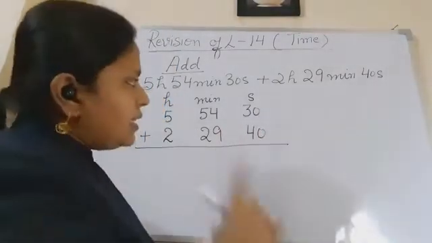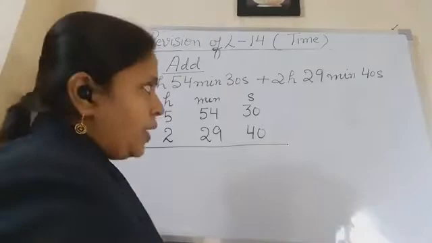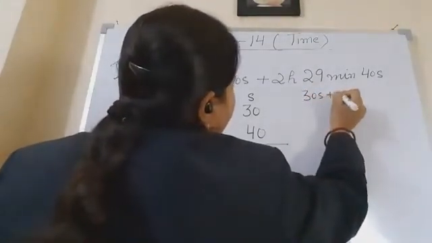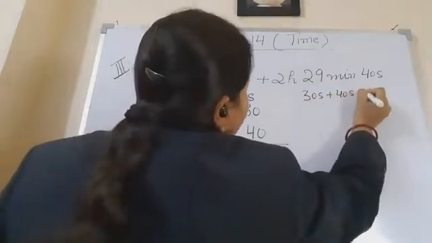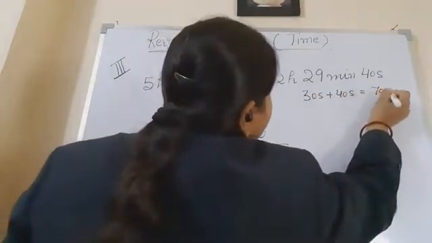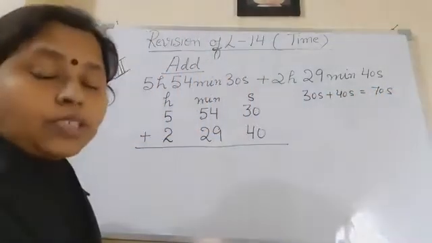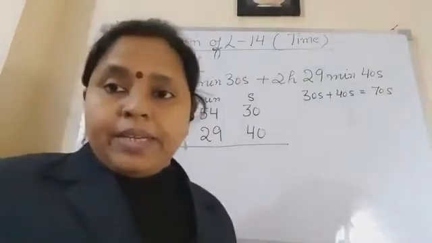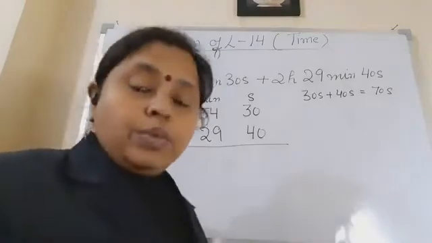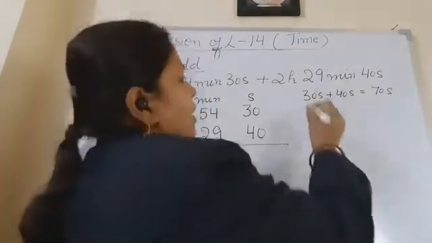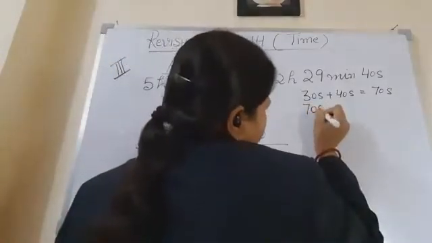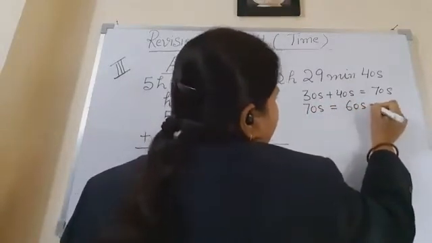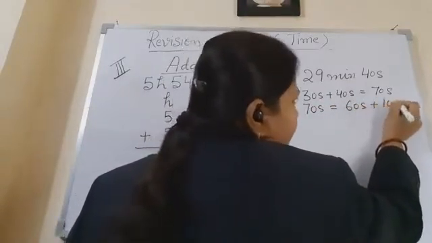When we add 30 seconds and 40 seconds, what do we get? 30 seconds plus 40 seconds is equal to 70 seconds. Now children, as you know, 60 seconds is equal to 1 minute. So now here we will do the regrouping. We can write 70 seconds as 60 seconds plus 10 seconds.